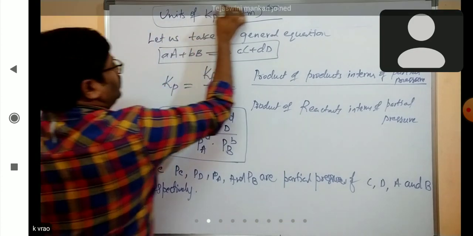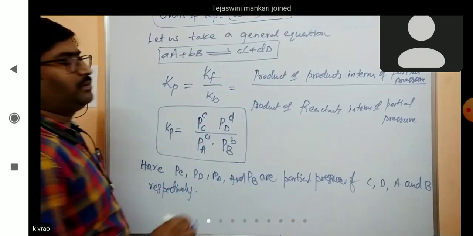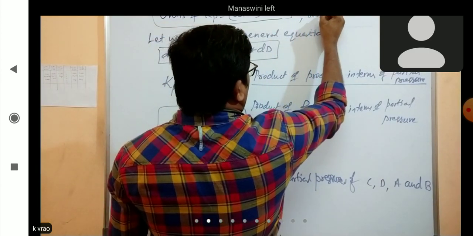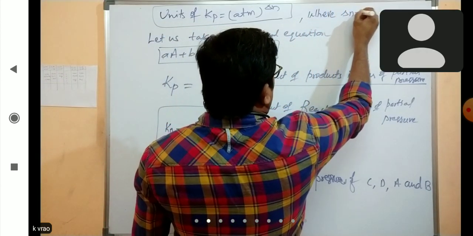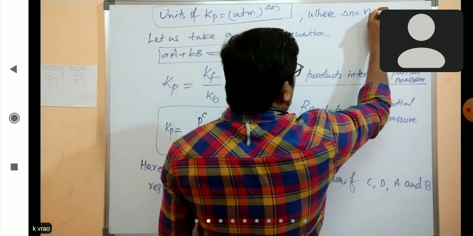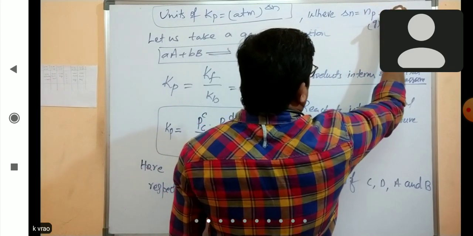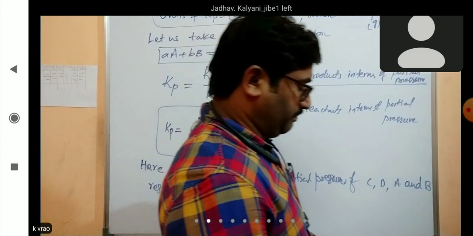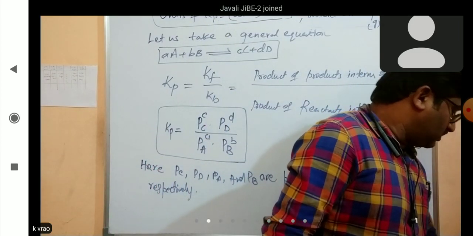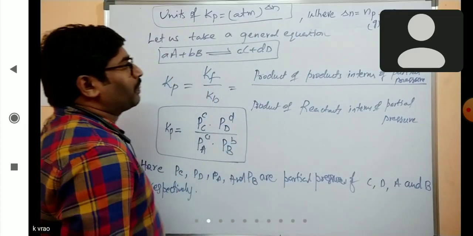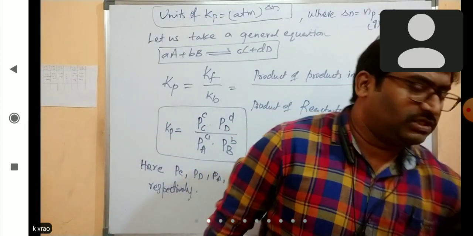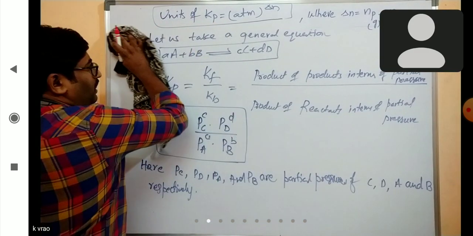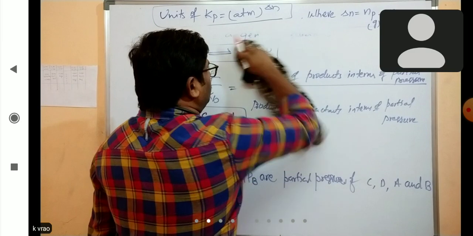Usually pressure units are atmosphere, and delta n is equal to the number of moles of products in gaseous state minus the number of moles of reactants in gaseous state. Yesterday we already discussed this delta n value. Delta n is equal to the number of moles of the products minus the number of moles of the reactants which are present in a gaseous state.